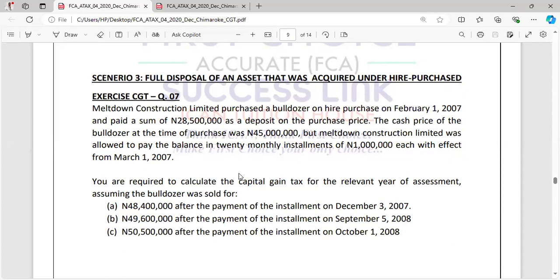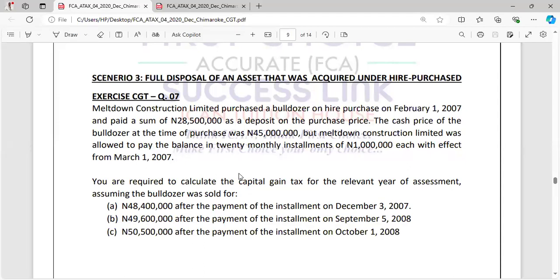The asset was acquired under hire purchase. Now, why is that a problem? When you acquire an asset under hire purchase, it means that you will be paying interest whenever you make a payment.